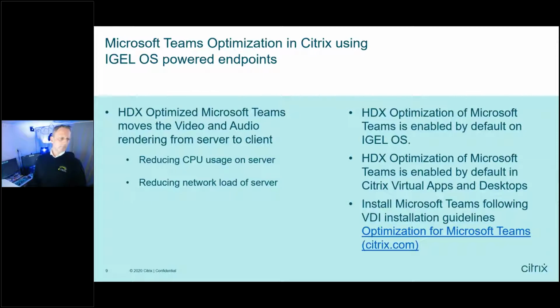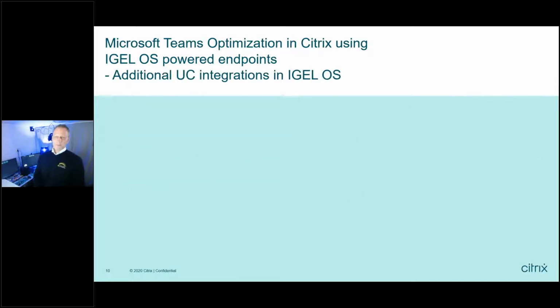And the installation of Microsoft Teams is done using the guidelines on citrix.com. It's actually very simple. Just search for Citrix install Teams, and you will get the first hit to the correct document. Except for Teams, there are additional unified collaboration integrations in IGEL OS.